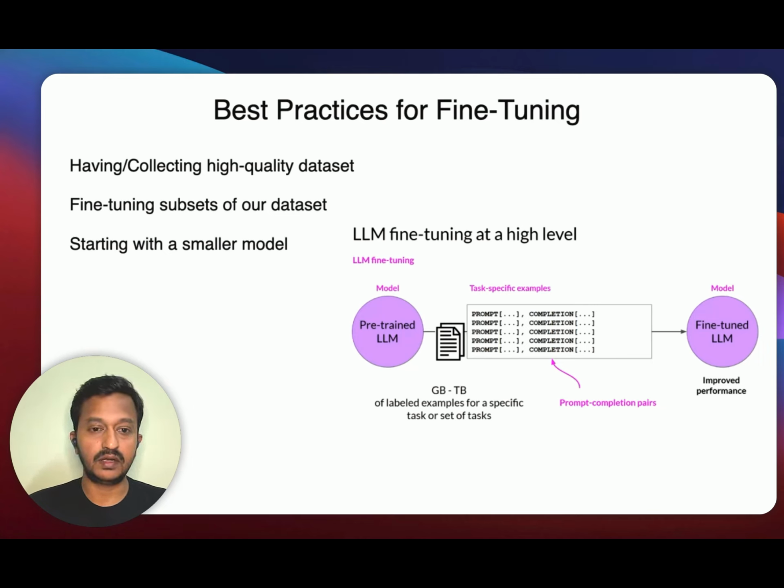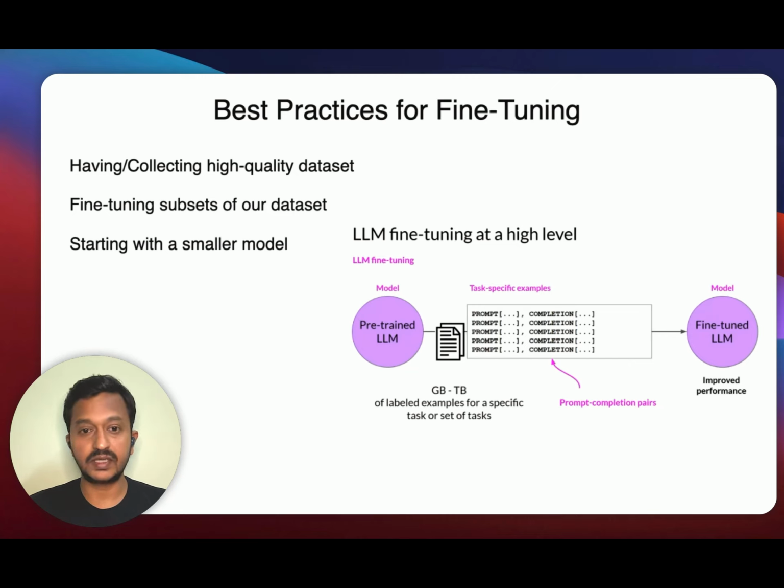And the next one is fine tuning on subsets of our data set. So instead of using all the data, we can use a subset of our data set to see the answers that the LLM is producing, basically. Right. And then the third one is starting with a smaller model.